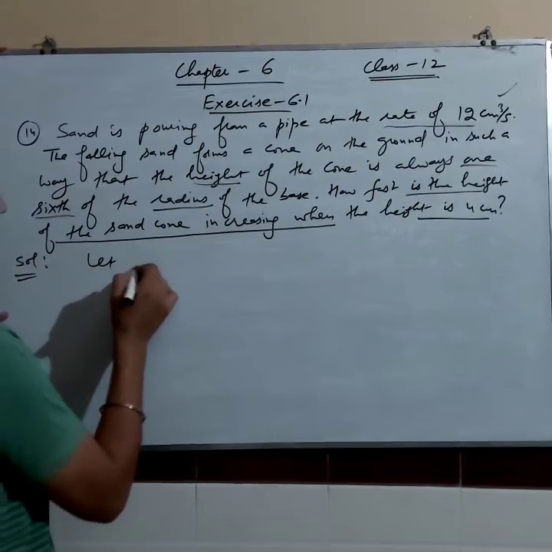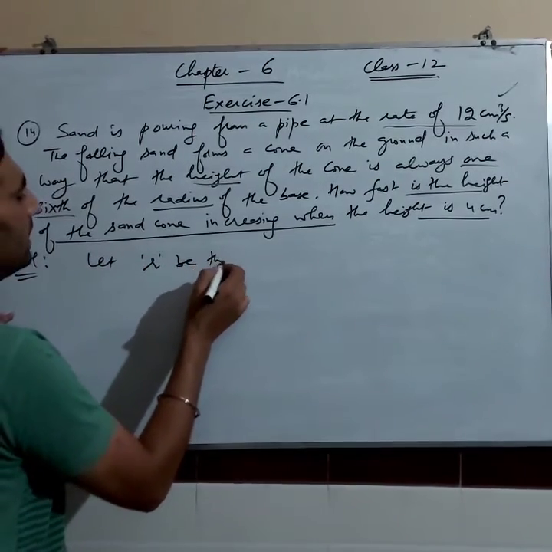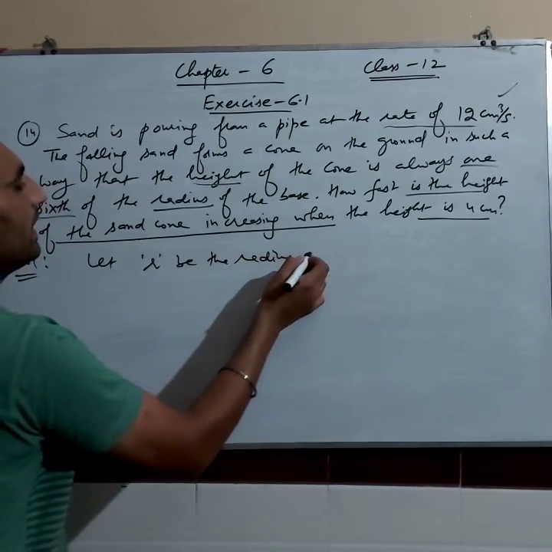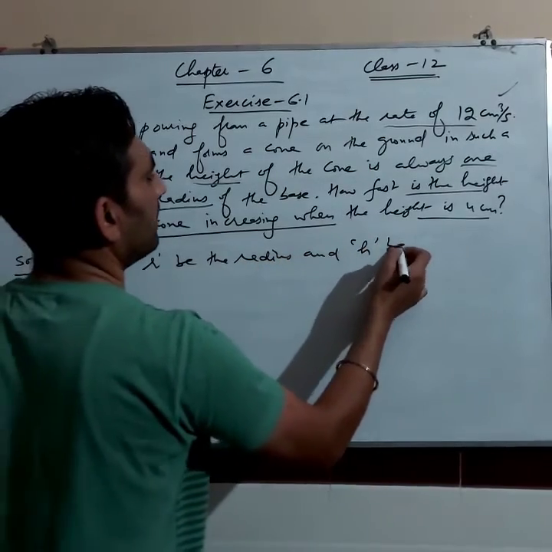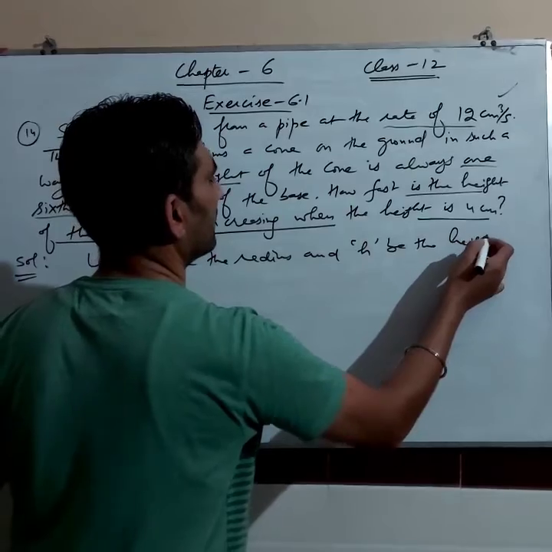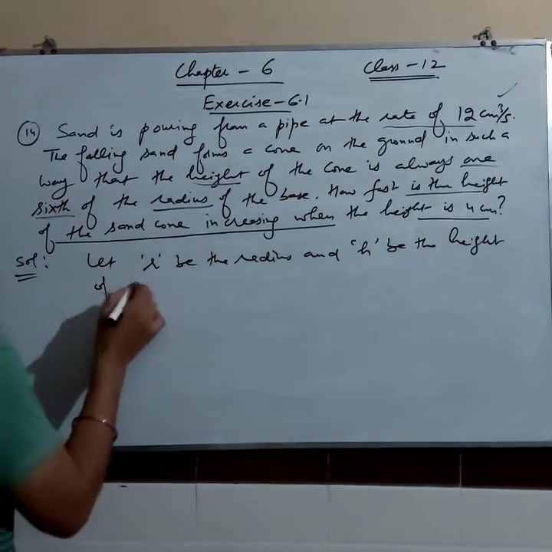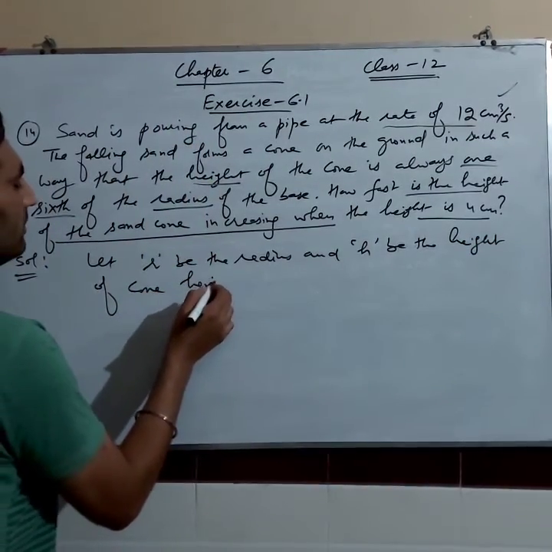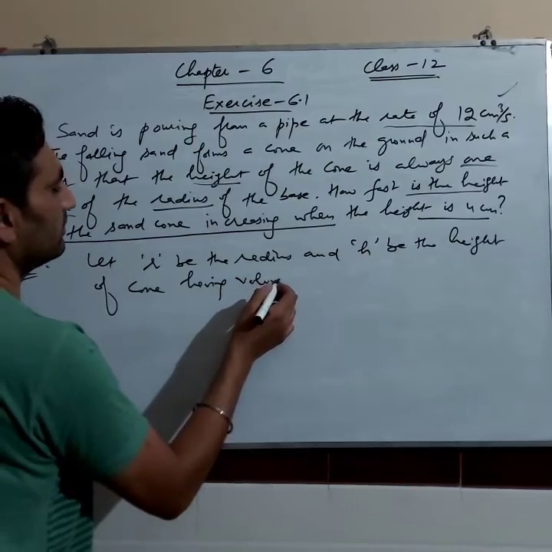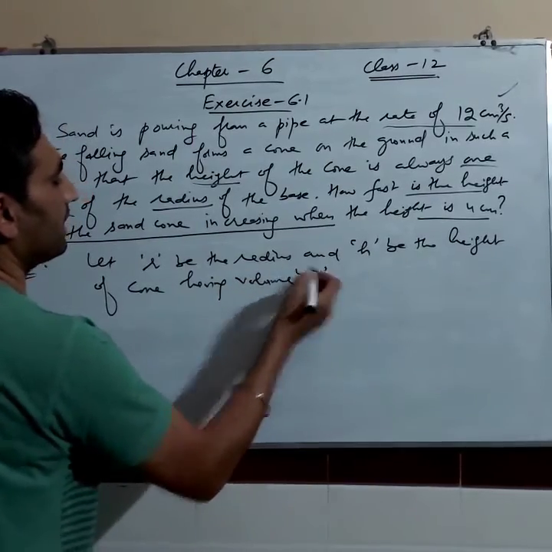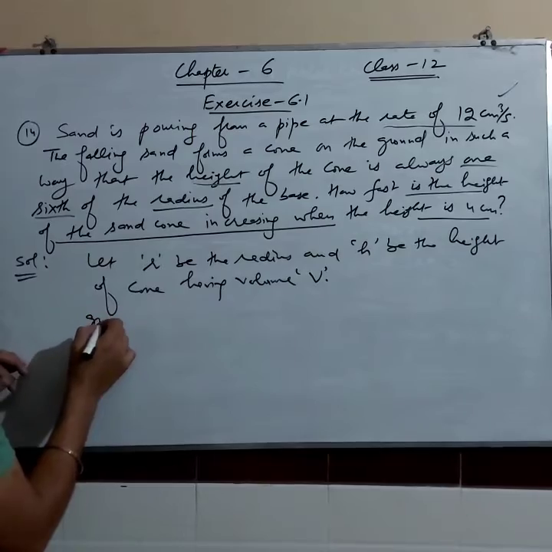So let r be the radius and h be the height of a cone having volume V, capital V. So what is given?